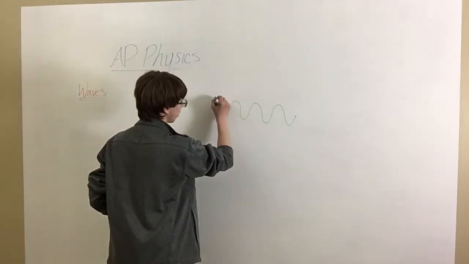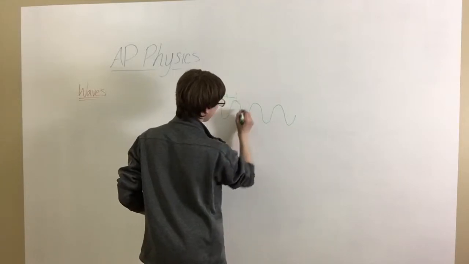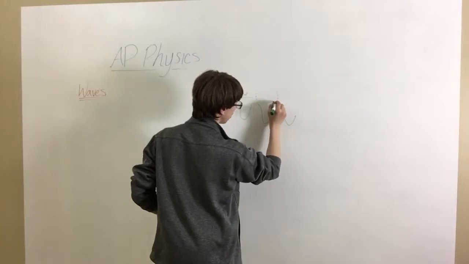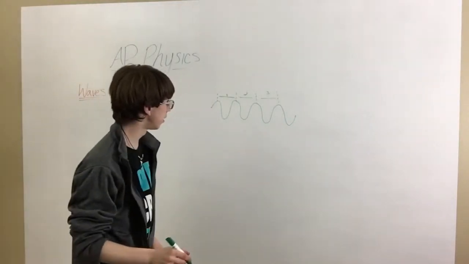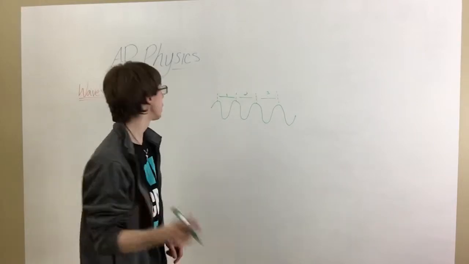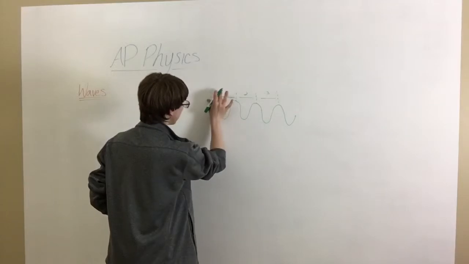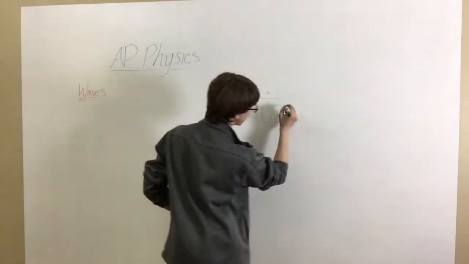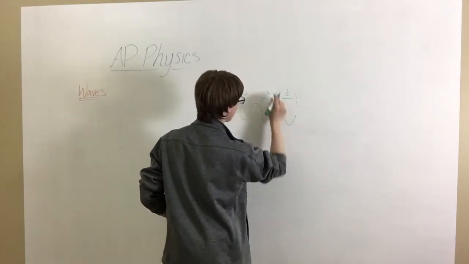Well, let's see. 1, 2, 3, is that it? Now, that cannot be it because we still have this distance here. And this is half of a wavelength. And we have this distance here. And this is also half of a wavelength.